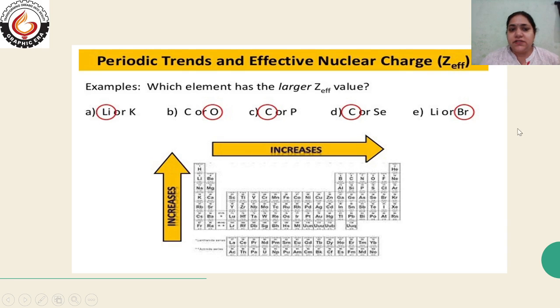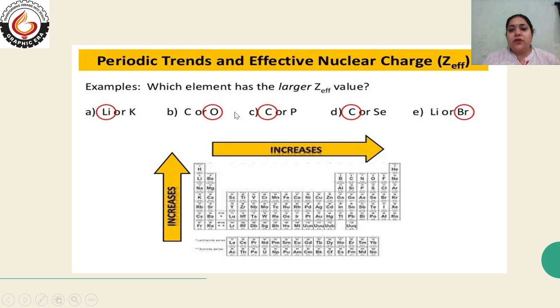Here some examples are given, like lithium or potassium, which one is having larger Z effective value. So lithium is in second period, potassium is in fourth period. So obviously the value of Z effective for lithium is more as compared to the potassium, because in case of potassium, there will be more shielding effect.